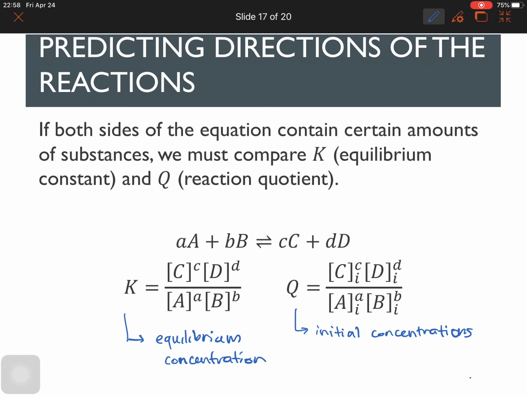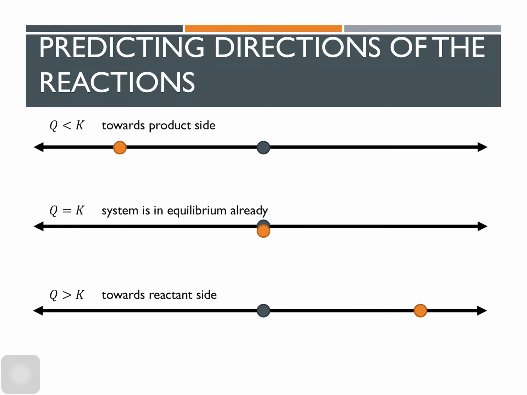For Q, all the concentrations are the initial amounts. Once we're able to solve for Q and K, we are going to compare them so that we'll be able to know where the reaction is going, whether to the reactant side, the product side, or there's no direction at all because they are the same.